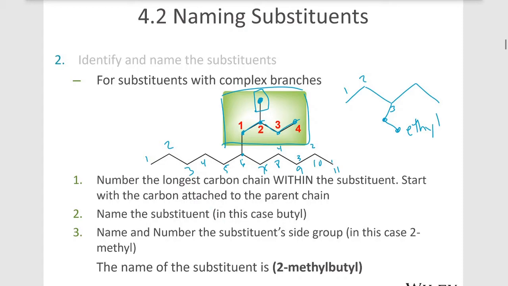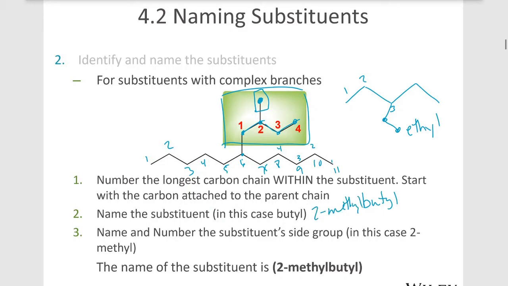Okay, so our substituent's parent chain is butyl because it has 4 carbons. So we name it with a YL ending again. And then we name and number the substituent's substituent, and that is a methyl. And that methyl group is at the 2nd carbon on that butyl chain. So let's say 2-methyl.